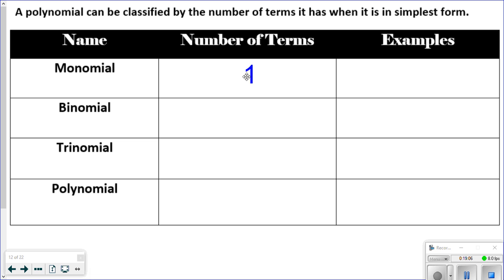And this is in your book for you on page 357, but I think it's important that we address this now. So if it has one term, it's a monomial. Let's go through some examples here: 7, or I could have something that looks like 5x, or I could have negative 4x squared.